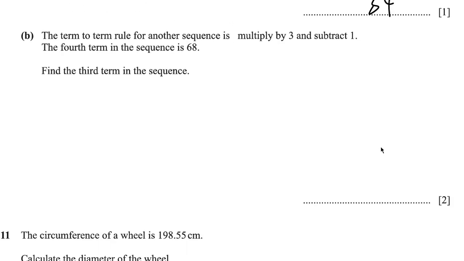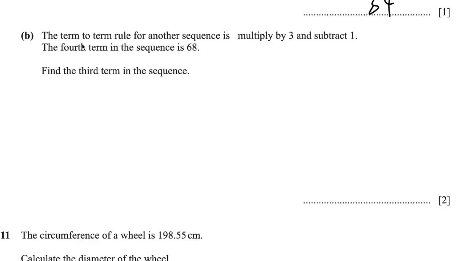So the B part of the question goes on to say, the term-to-term rule for another sequence is multiply by 3 and subtract 1. The fourth term in the sequence is 68. Find the third term in the sequence. So you need to understand what is meant by term-to-term rule.